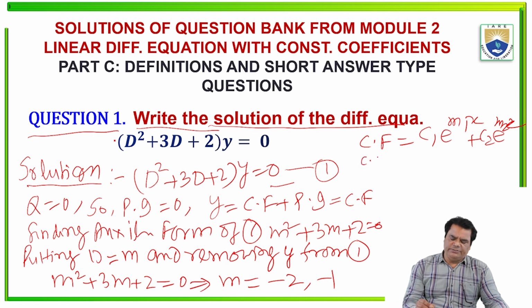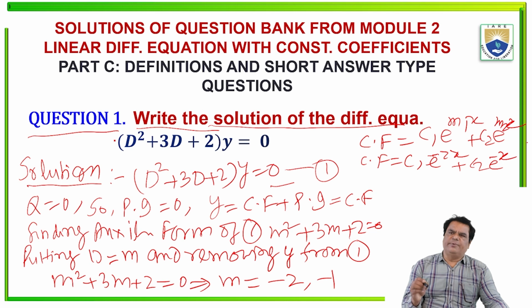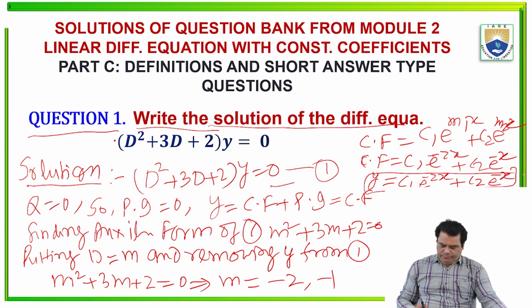So CF is C1 e to the power minus 2x plus C2 e to the power minus x. This is the answer.